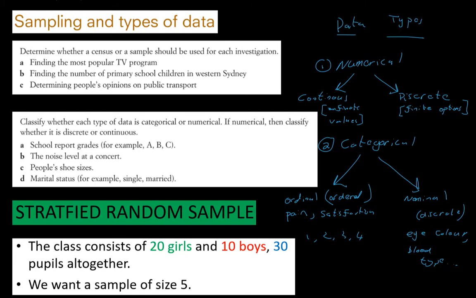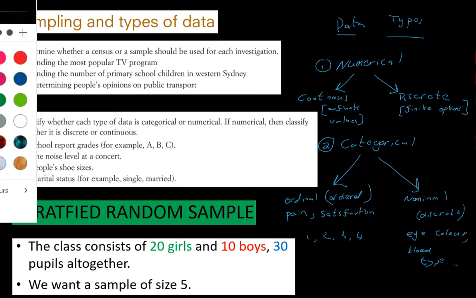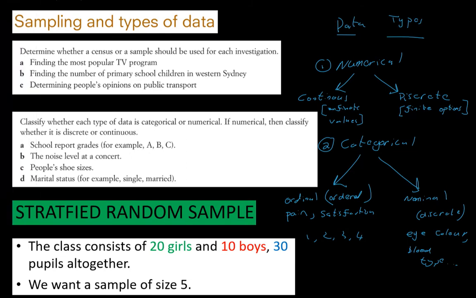Okay, so pause the video and have a go at doing all these questions, and then I will go through the answers. Okay, so hopefully you've done that now. Finding the most popular TV program, that's going to be a sample. This is going to be a census. This is going to be a sample.